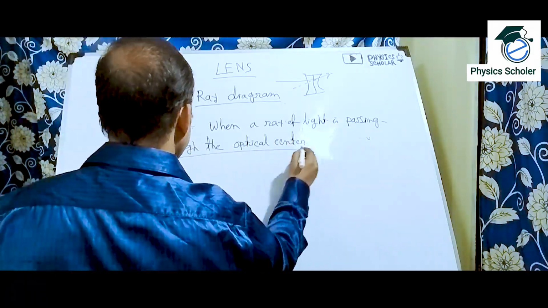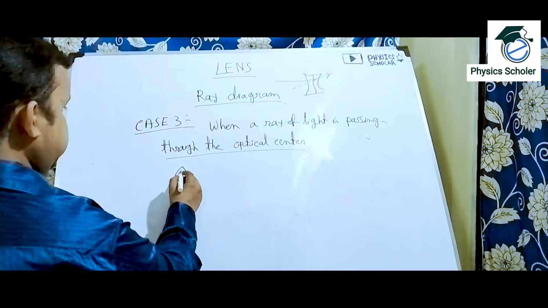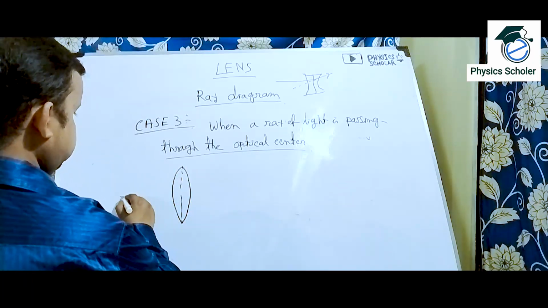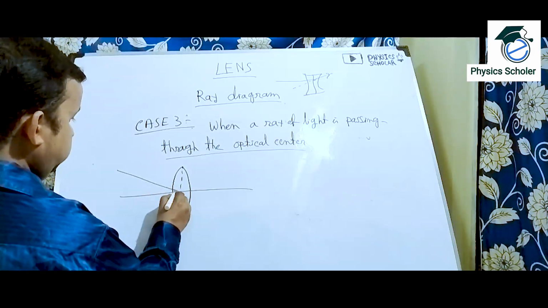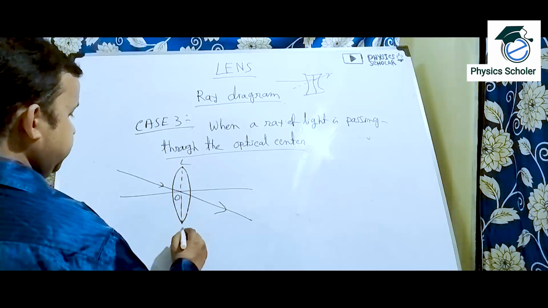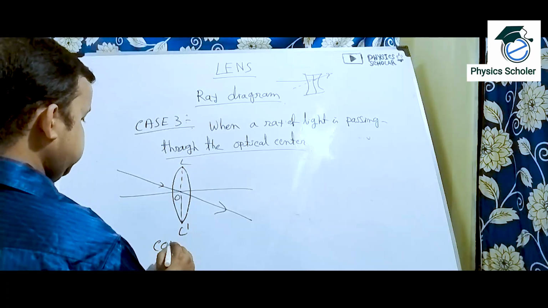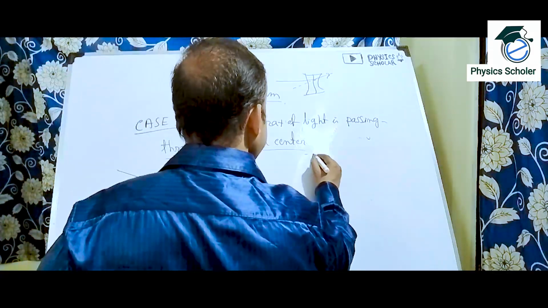Okay, this is what type of lens? You say convex lens. This is the optical center. When a ray of light falls on the optical center, it will pass in the same path. It is what type of lens? Convex lens.